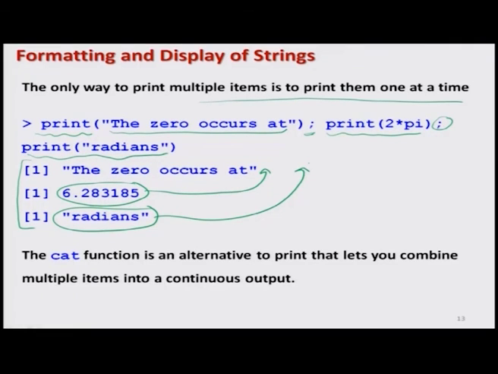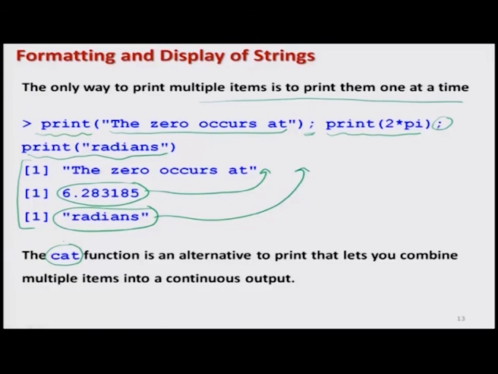For that we have another function that is called the cat function. But we will talk about the cat function in the next lecture. Before that, let us see what happens with this type of print command.